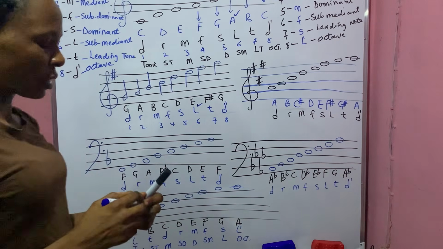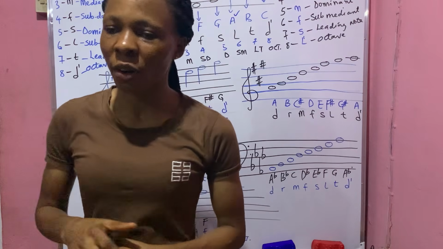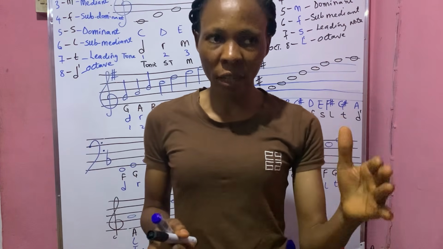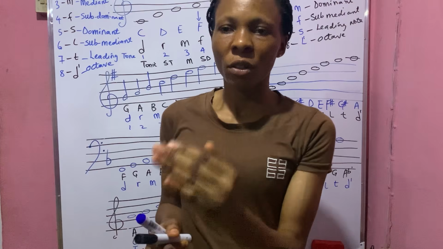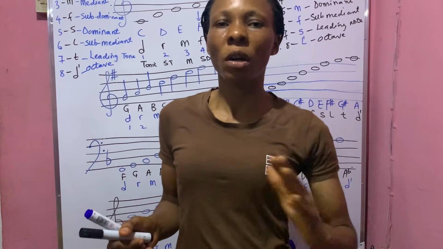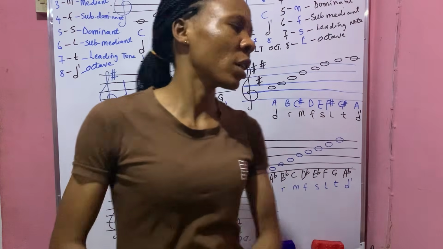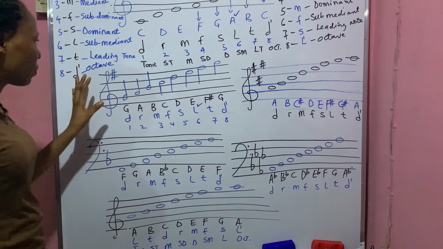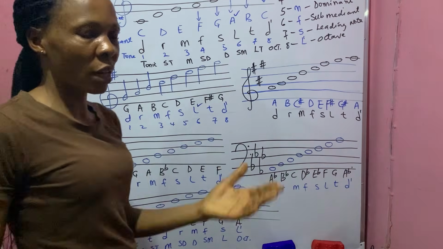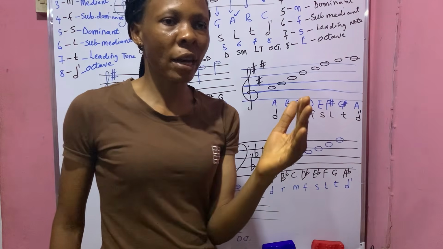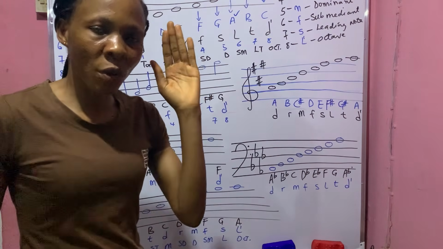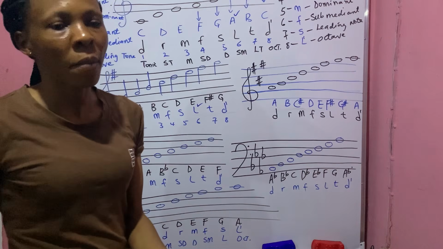So to find the relative minor from a major key, you check what the 6th degree is. It's the 6th degree that becomes the tonic in the relative minor of that major key. So what's the 6th degree of G? It's E. So E becomes the relative minor of G major. So now E becomes E minor.